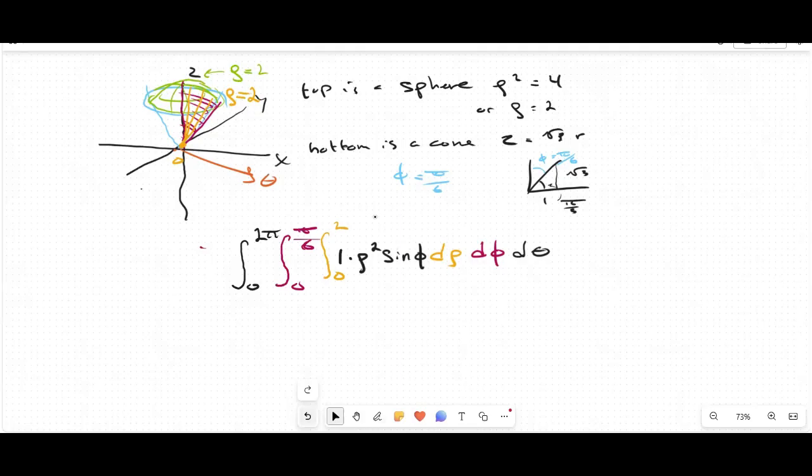So 0 to 2 pi, 0 to pi over 6, 0 to 2, rho squared sine phi, d rho d phi d theta will give you the volume of that top.